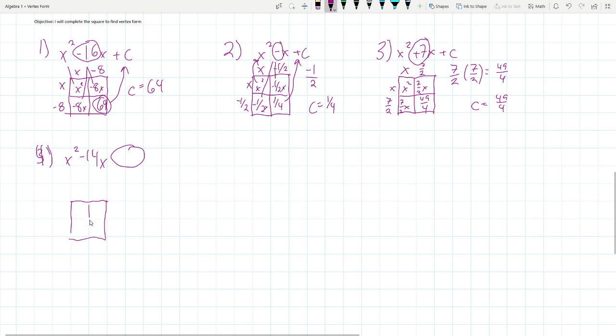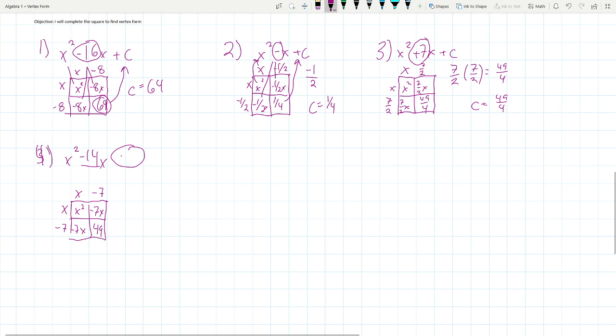I have a box. I go x and x because that's x squared. I need to find half of this, which in this case is negative 7 and negative 7. This is negative 7x, negative 7x. Negative 7 times negative 7 is 49.